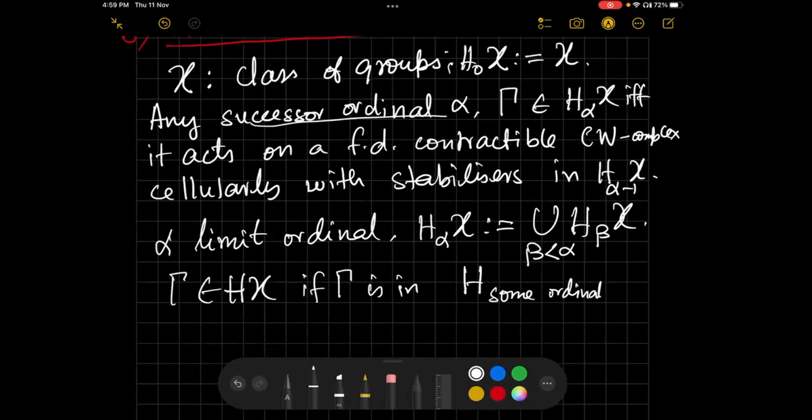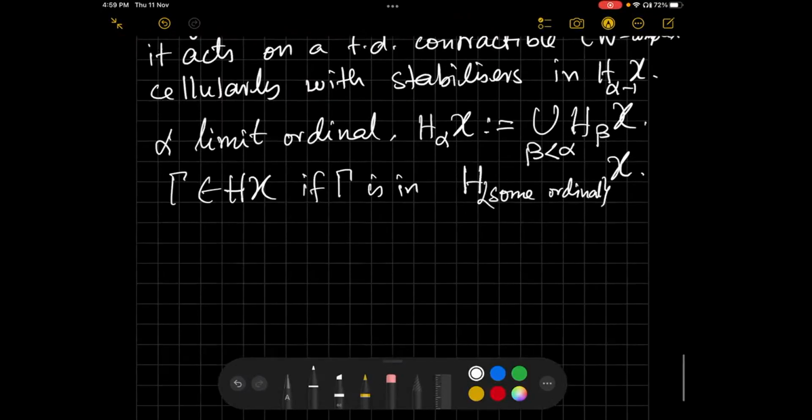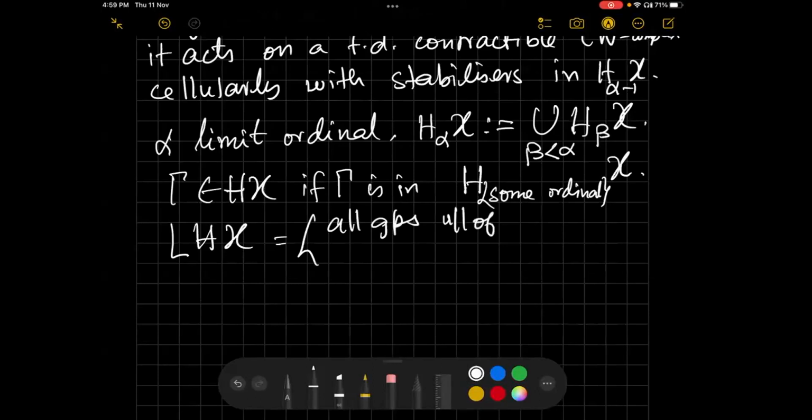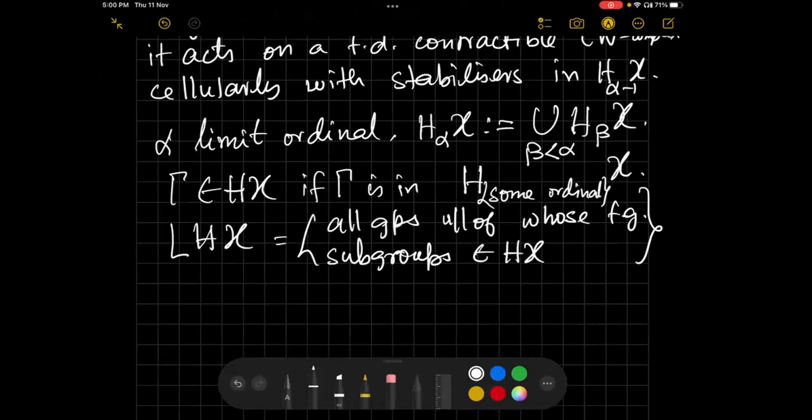So this is Hx, and now I go into LHX. So this is the class of all groups all of whose finitely generated subgroups are in Hx. Essentially groups that are locally Hx.